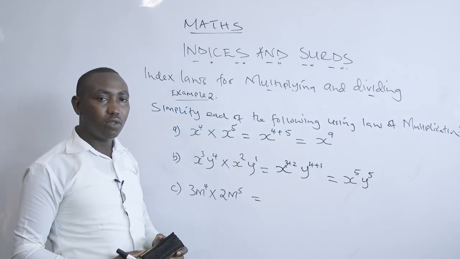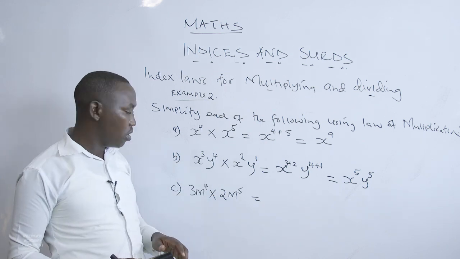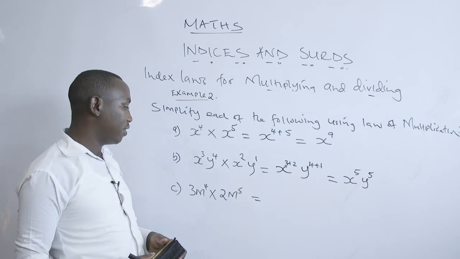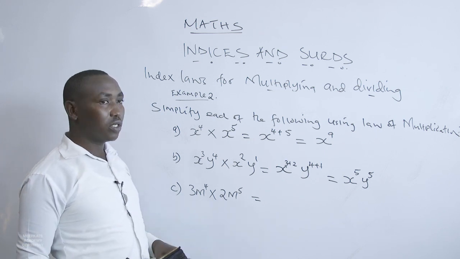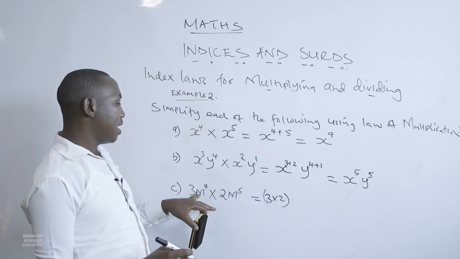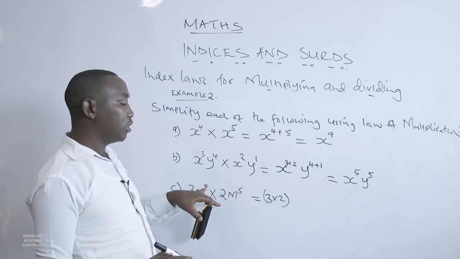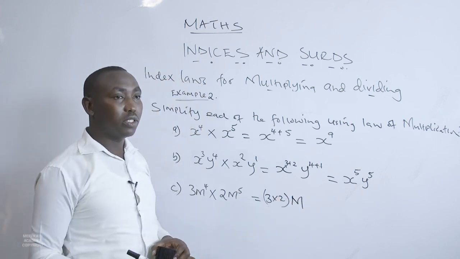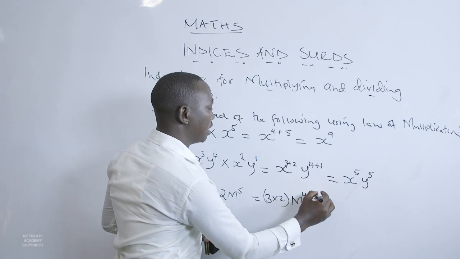On the last question, we have 3m raised to the power of 4 multiplied by 2m raised to the power of 5. We have two constants, 3 and 2, and we begin by writing them. Then we have the factor of m, the first raised to 4, the other raised to 5. Because of the multiplication law, we add, 4 plus 5.